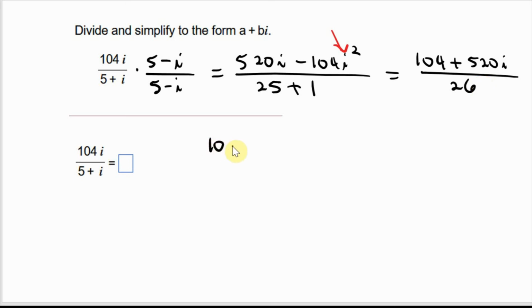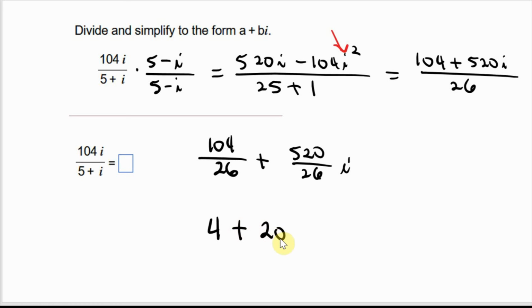So this is 104 over 26 plus 520 over 26i. The i is in the numerator. So that is just 4 plus 20 times i.